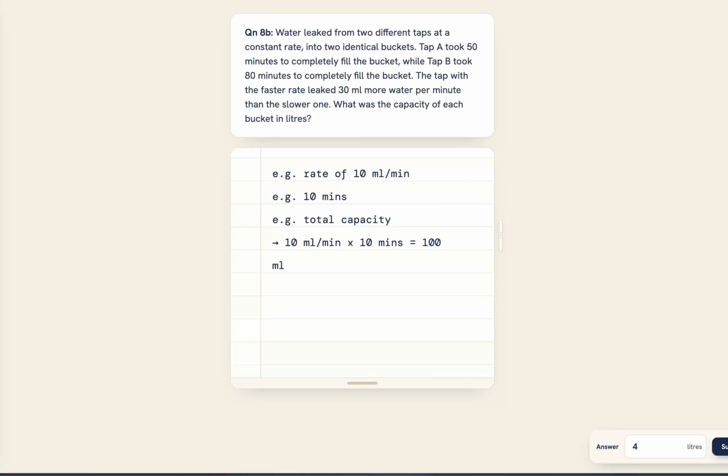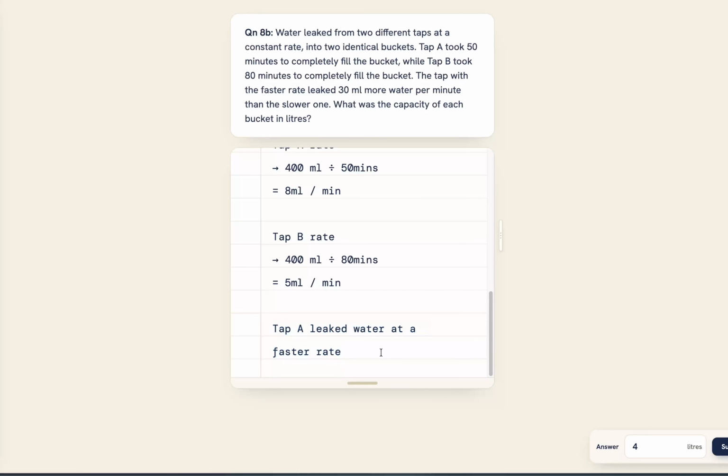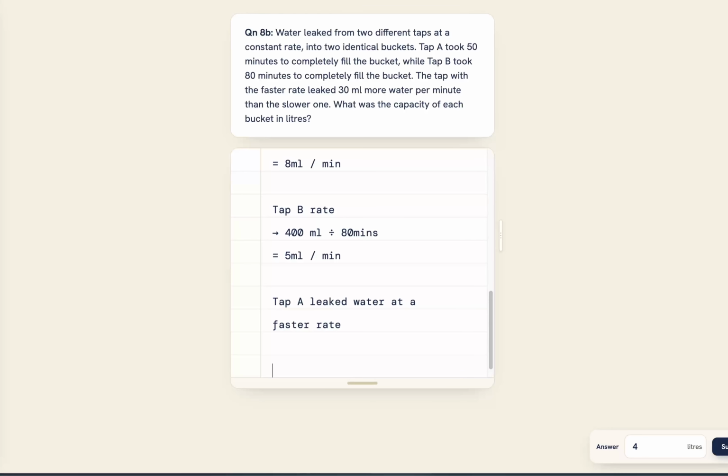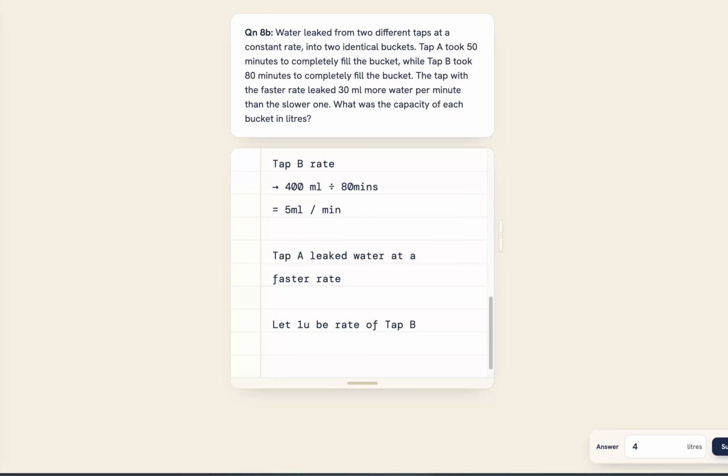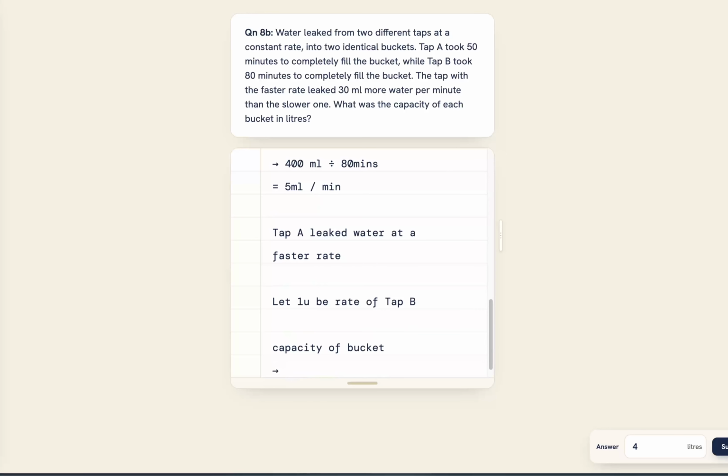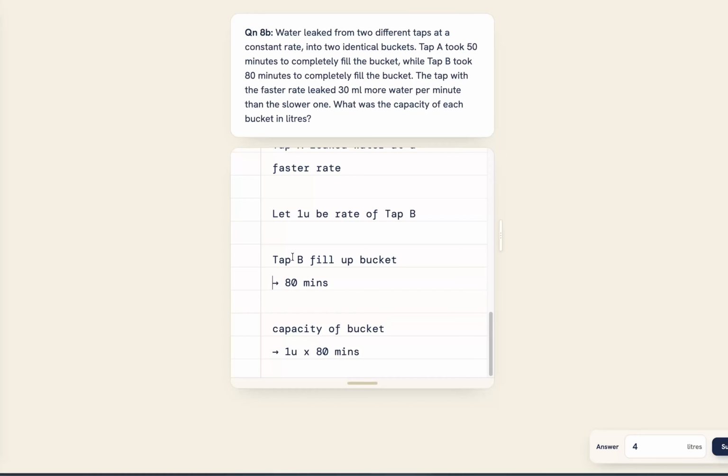In this case, we know tap A leaked water at a faster rate, so we can let 1 unit be the rate of tap B. The capacity of the bucket is 1 unit times 80 minutes, because tap B filled up the bucket. So the capacity of the bucket is 80 units.